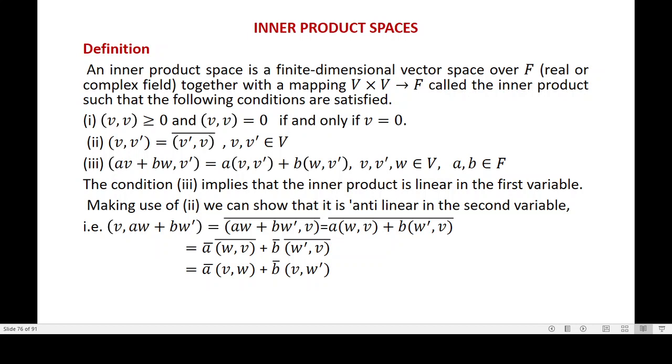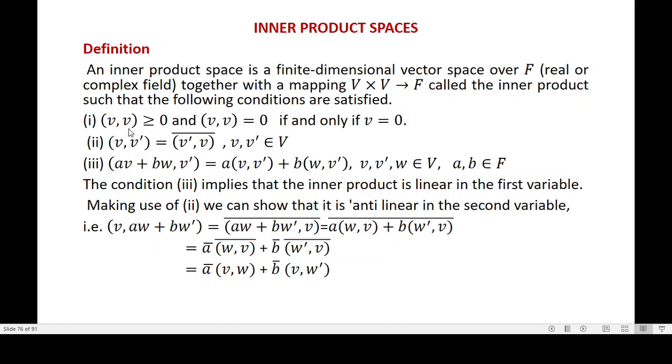Here the inner product of v comma v dash is a symbol that denotes the image of the pair (v, v dash) under this mapping.